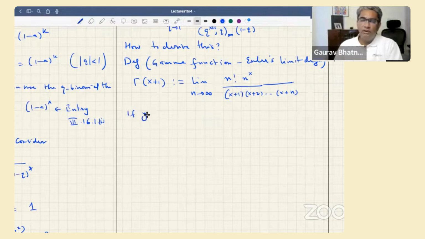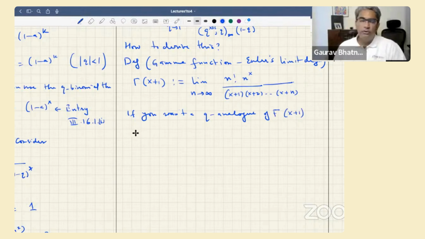But at present, let's just look at what a q-analog of this would be. If you want a q-analog of gamma, then what would you do? First of all, to get n factorial, well, that's easy.